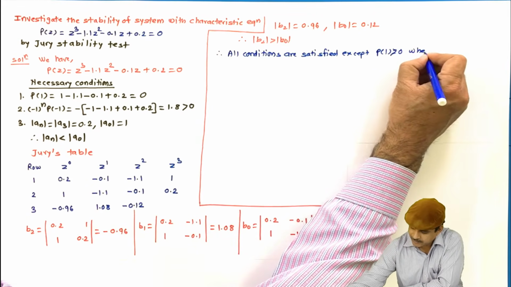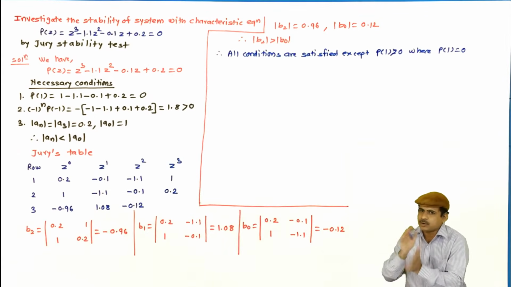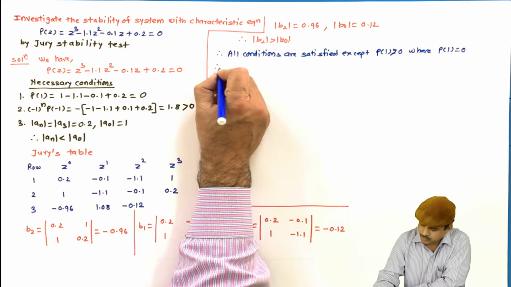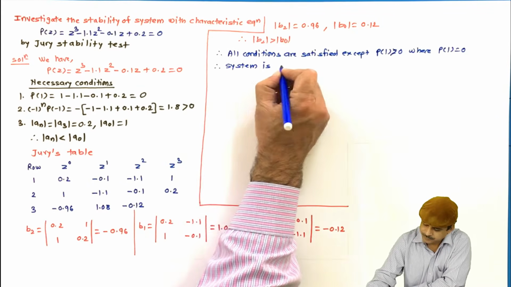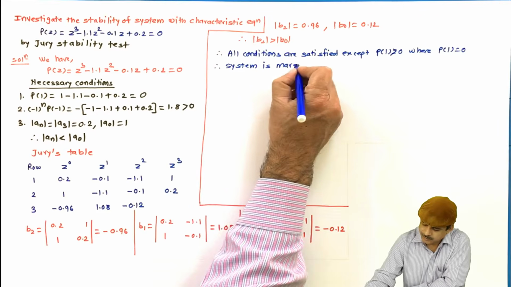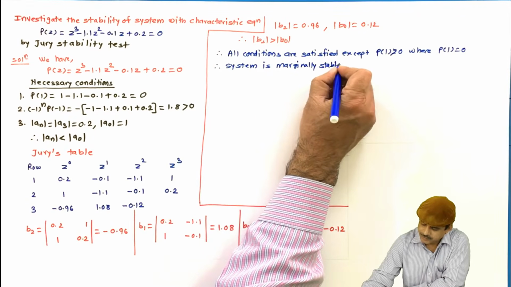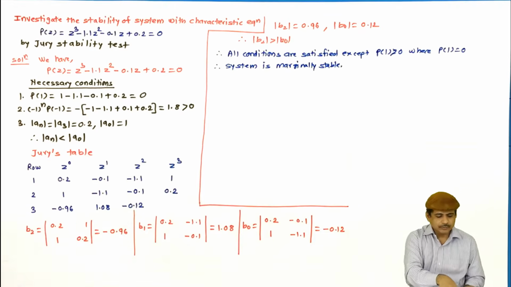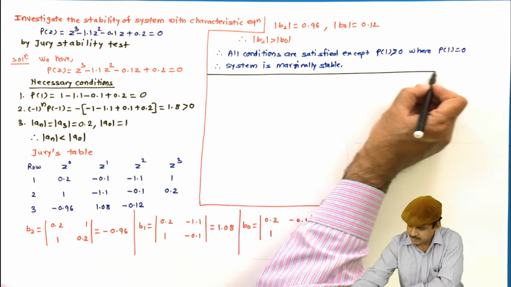I will write here where P(1) is equal to 0, and that is on the boundary. So the system is marginally stable.